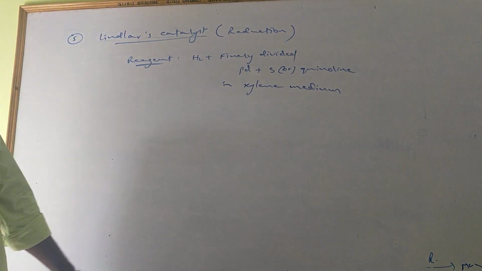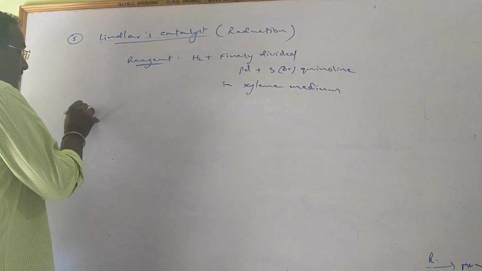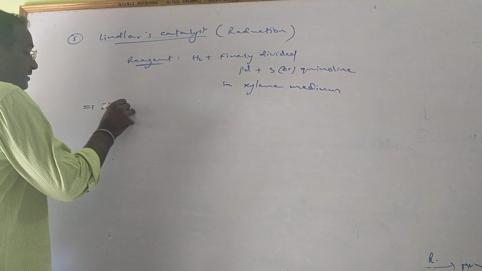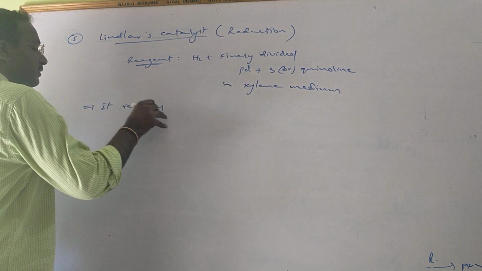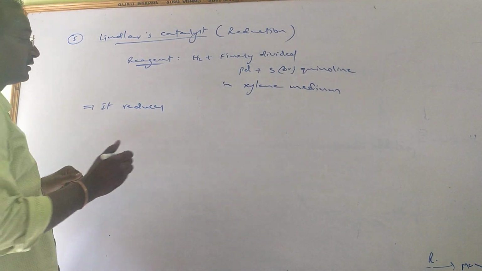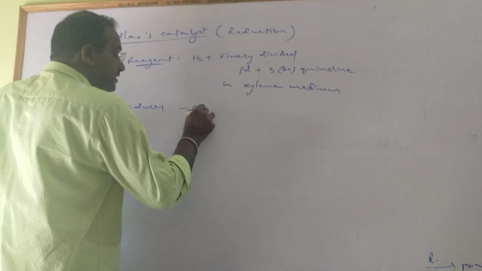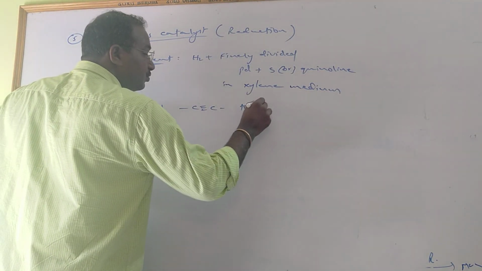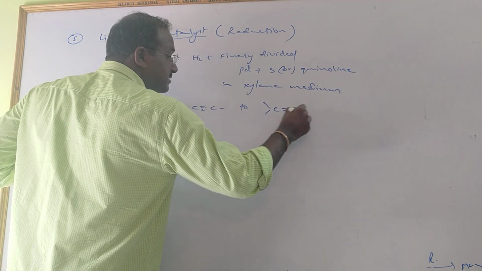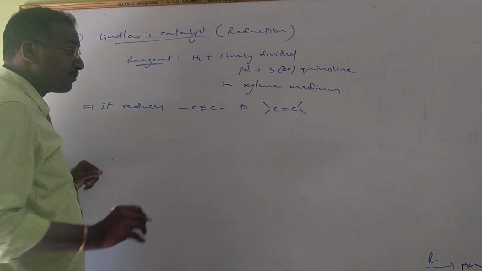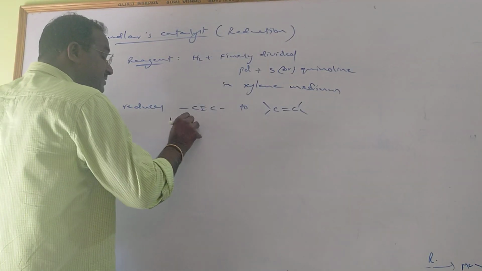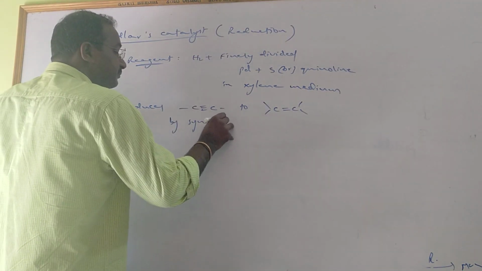Boiling xylene also. What is the purpose of this? It reduces the alkyne group, C triple bond C, to a C double bond C group by syn addition.